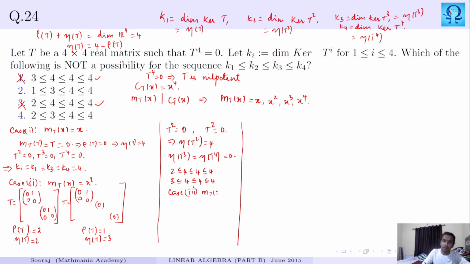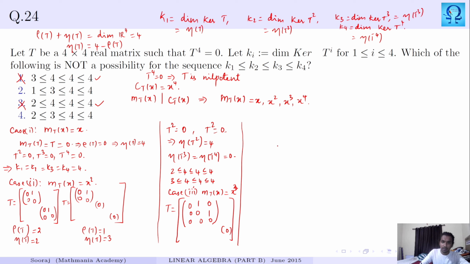So now we move to the next case, when the minimal polynomial is x cube. In that case the associated Jordan canonical form must have at least one block of order 3 by 3. So 0 in the diagonal positions, that is the eigenvalue, and in the super diagonal we have 1, and the remaining is only one block.